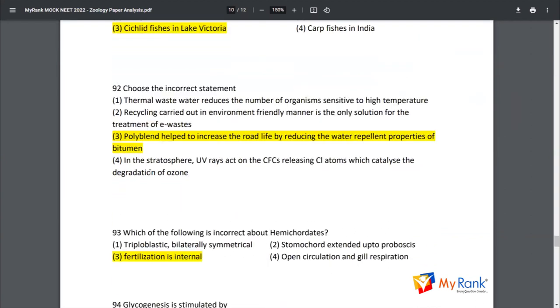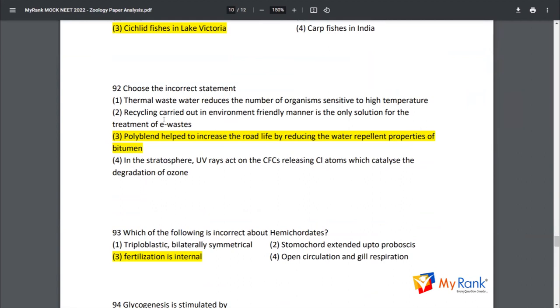Question number 92. Choose the incorrect statement. Option 1. Thermal waste reduces the number of organisms sensitive to high temperature. So, yes, the introduction of thermal waste into the water bodies resulted in the death of organisms which are sensitive to high temperatures.